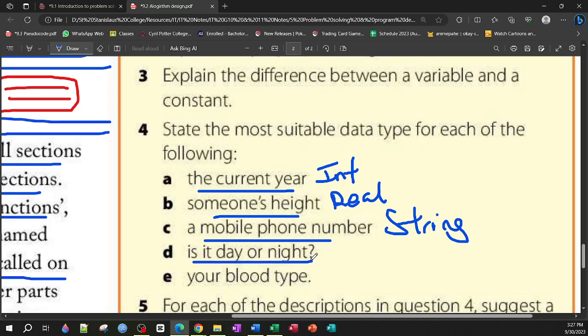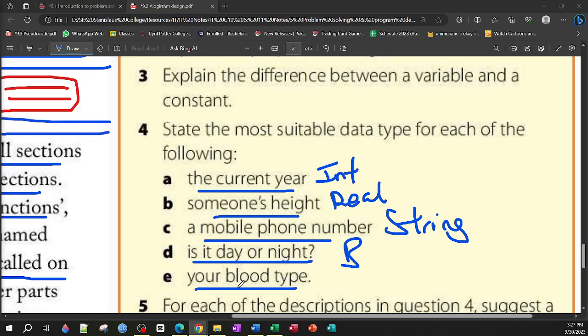So what data type for night or day? Boolean. Two answers, right? Your blood type? String. Why not character?